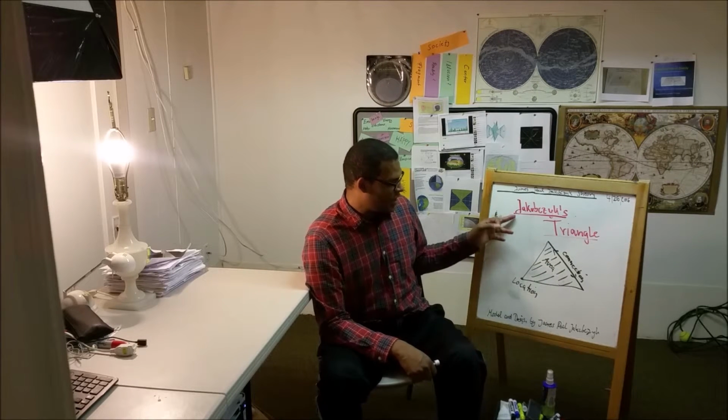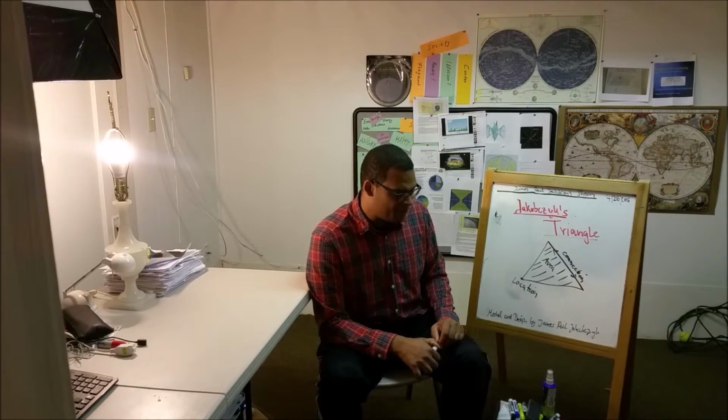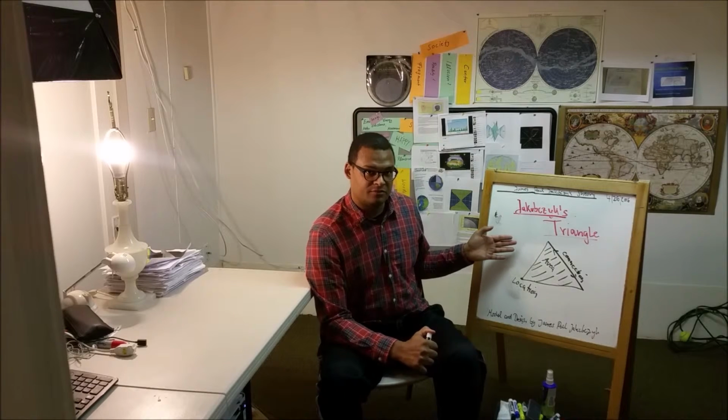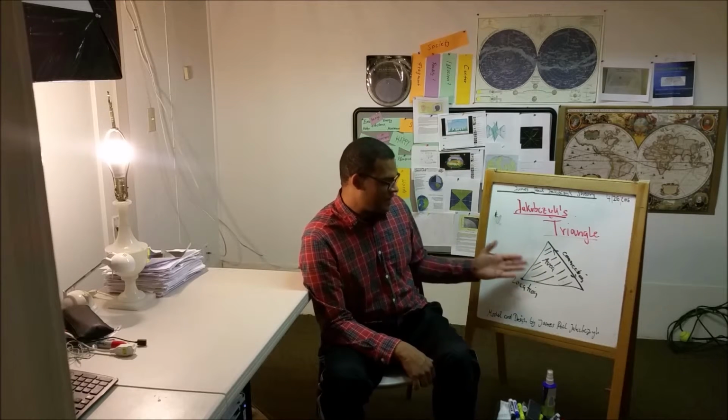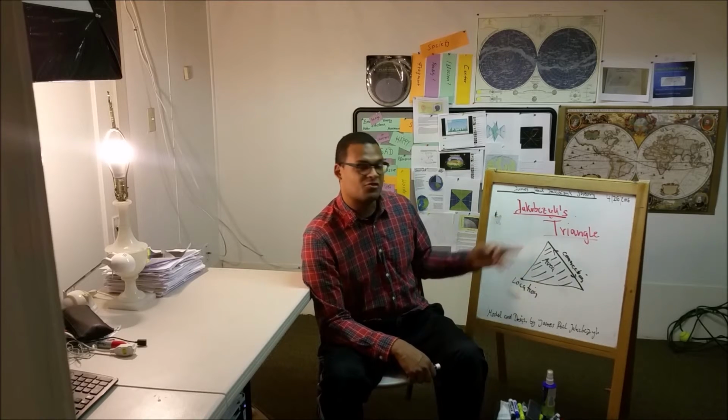Right? So Jakubczyk's triangle, in a metaphysical, philosophical way, is, someone asked me how would you define a triangle, I would define it like this. That's what represents for me the Jakubczyk's triangle.